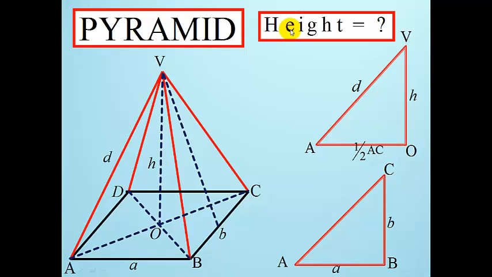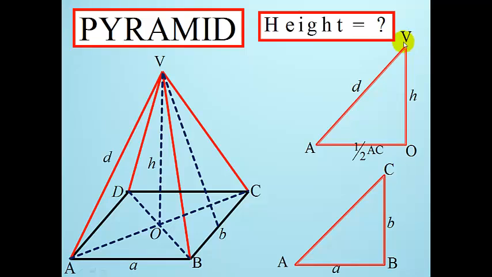First, we are going to look at how we can calculate the height of the pyramid. So we know that VO is the height of the pyramid. Now, in calculating the height of the pyramid, we are going to consider a triangle that includes the height. And the triangle we are considering is triangle VAO.